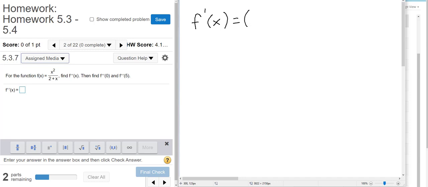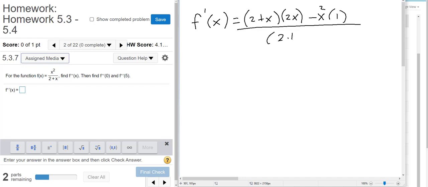The denominator, 2 plus x, times the derivative of the numerator, 2x, minus the numerator, x squared, times the derivative of the denominator, 1. So denominator, derivative of the numerator, minus numerator, derivative of the denominator, over the denominator, squared.